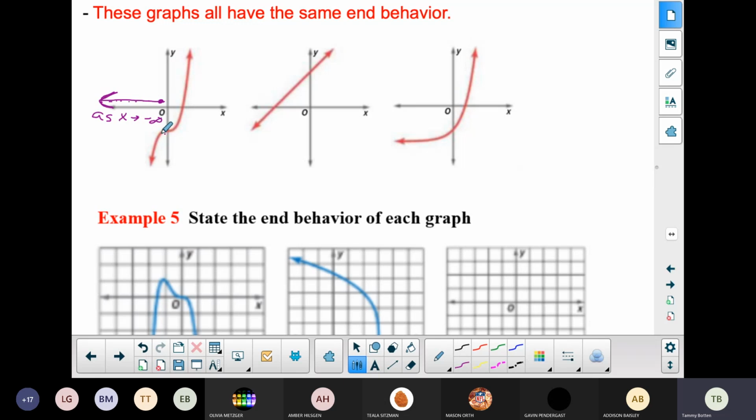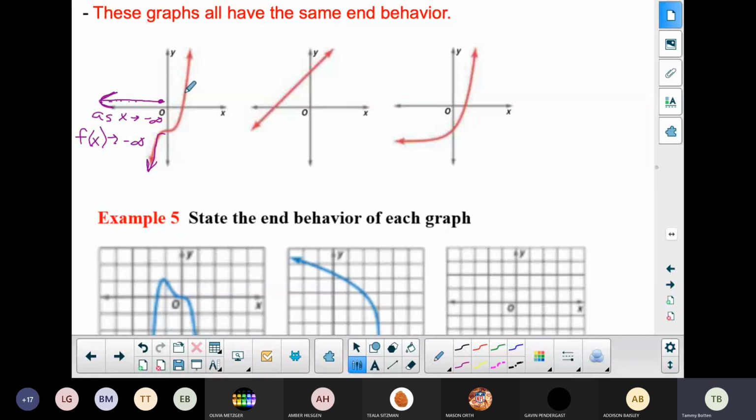Then what you do is you look at your graph as you go from x = 0 and keep going. You have to say, what does your graph do? And when you talk about your graph, you say f of x. And your f of x here keeps getting smaller and smaller. So that is going to also approach negative infinity.